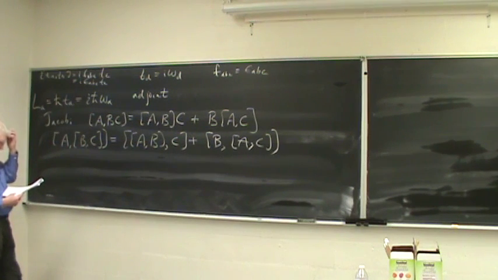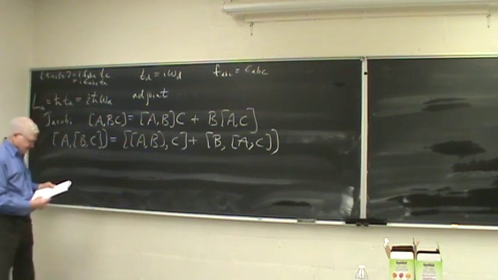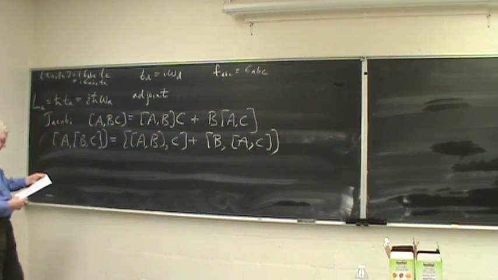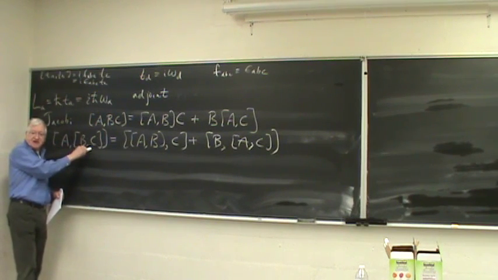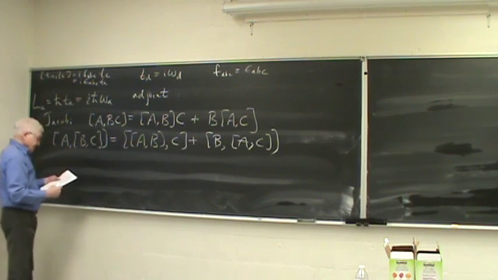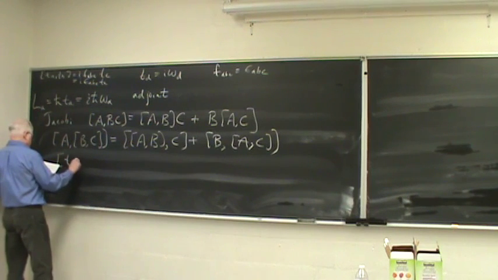There's another one involving the anti-commutator, but I think I'll skip that. Any three matrices A, B, C of any dimension satisfy this Jacobi identity, and consequently the generators will satisfy it.